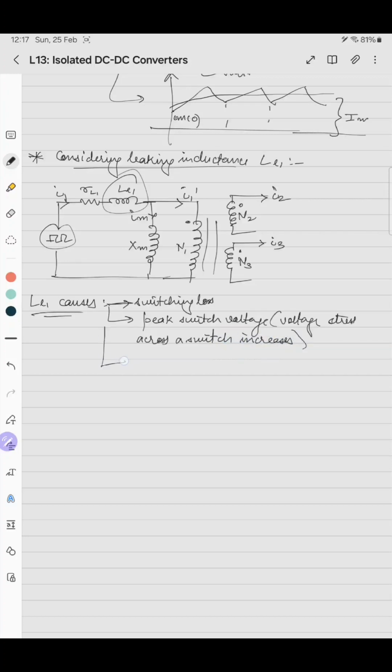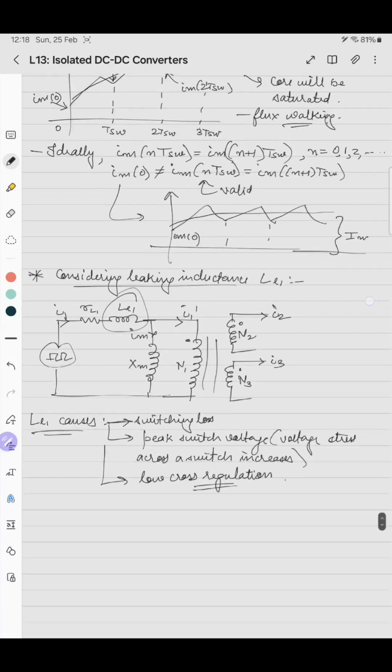It will also result in low cross regulation. So this was the analysis of a transformer.